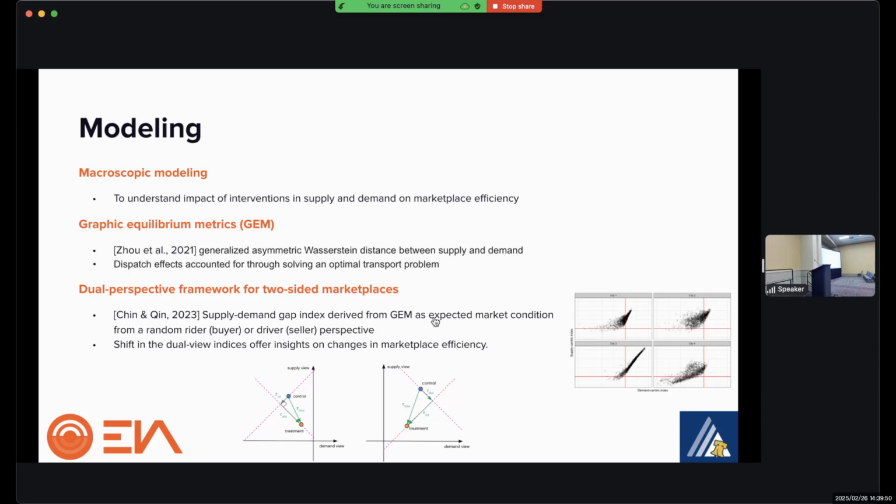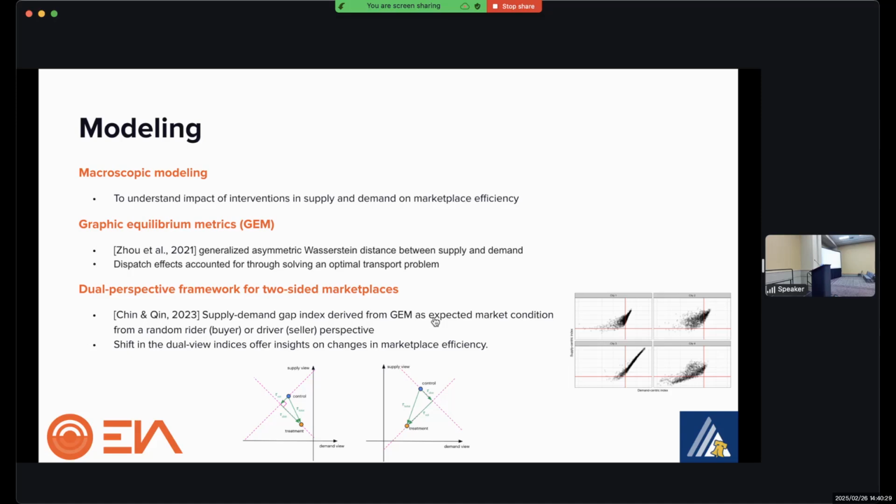So what-if scenarios are like, if we carry out an incentive campaign on the supply side or on the demand side, which may affect the supply volumes in specific times and locations by a certain amount, we can use macroscopic modeling to look into what possible consequences we may get through this kind of intervention.